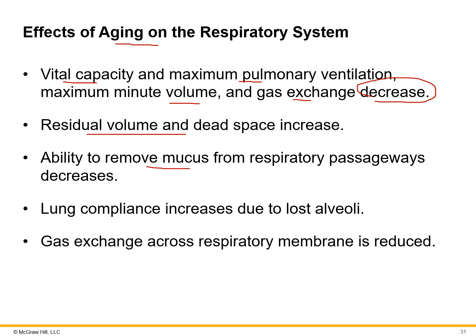The ability to get rid of mucus, so it sits there in the lungs, just being able to cough up and get rid of that mucus and those microbes, gets harder. Compliance, which is how easily we breathe in and out, increases due to a loss of alveoli. And then gas exchange across the membrane is reduced, so it's just less oxygen coming in and carbon dioxide going out. All of those are ultimately decreasing respiratory function as we age.